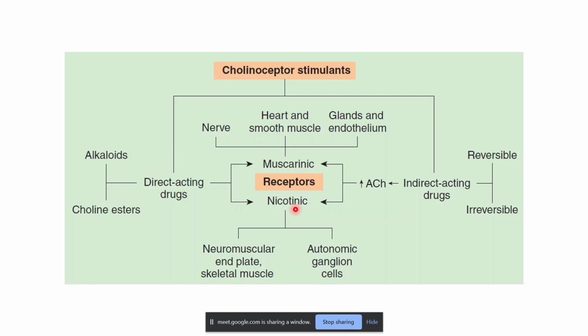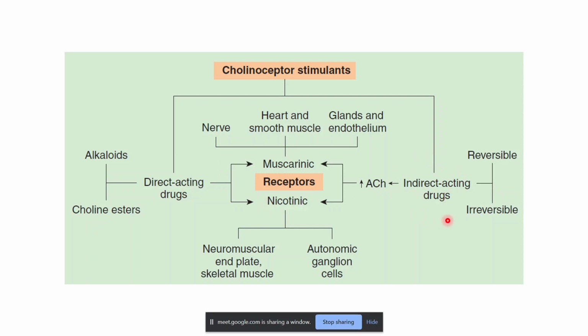So direct acting cholinergic drugs bind to and activate muscarinic or nicotinic receptors.